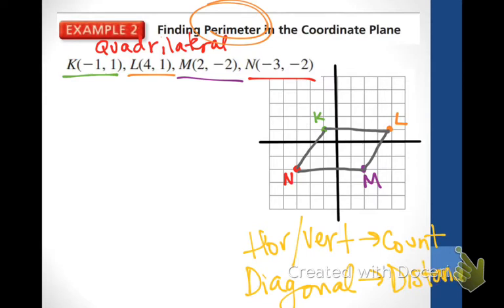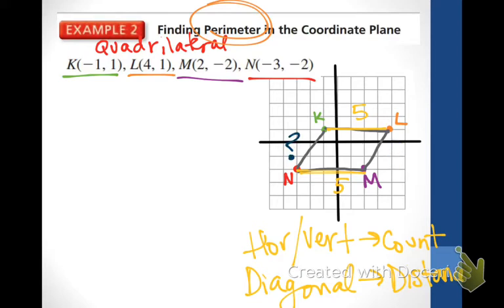So we do have 2 horizontal lines. We've got the top and the bottom are horizontal. So you count the boxes, 1, 2, 3, 4, 5. And then the bottom, 1, 2, 3, 4, 5. So the only thing that we don't know would be the length of KN and the length of LM.